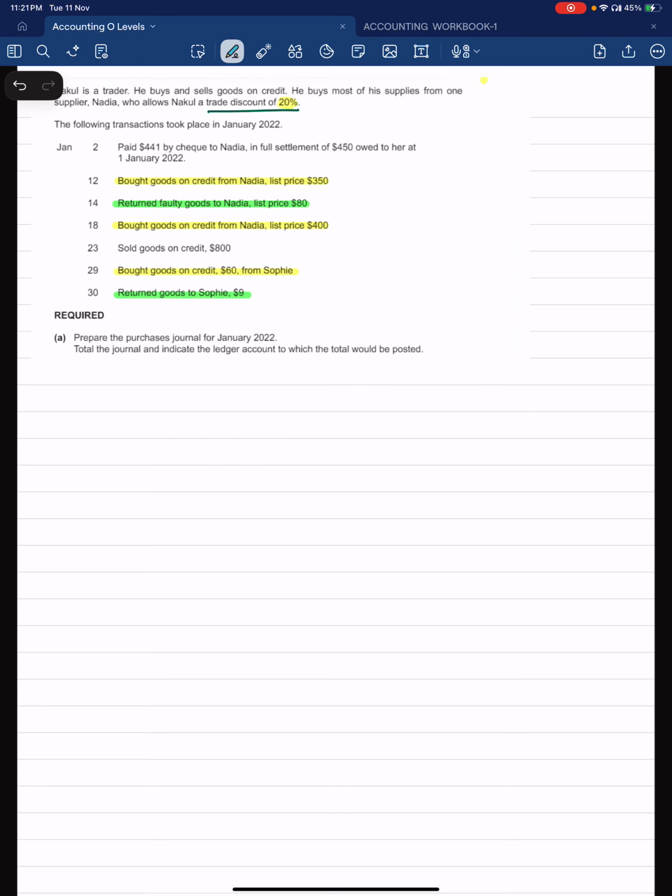It means कि we must know that there is an involvement of discount in this question. ठीक है?